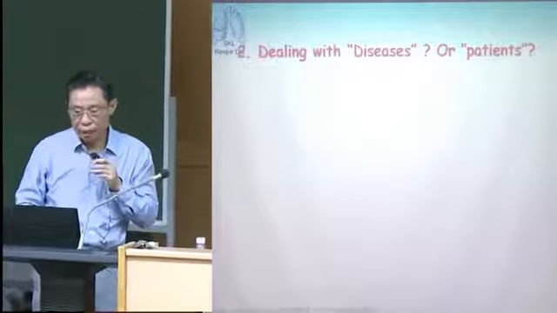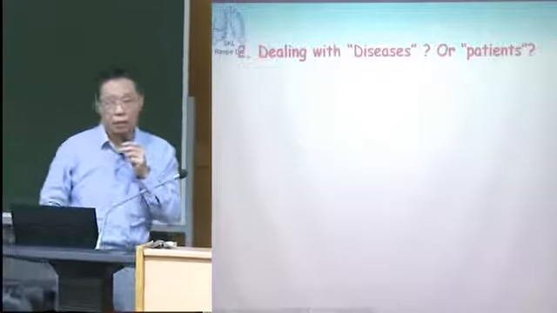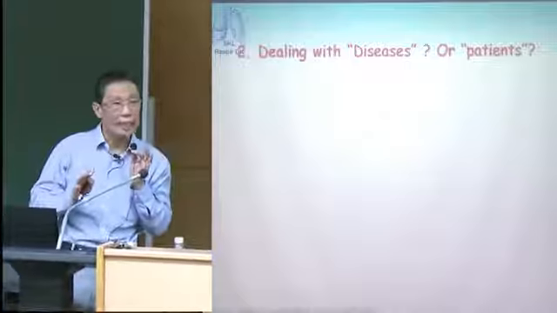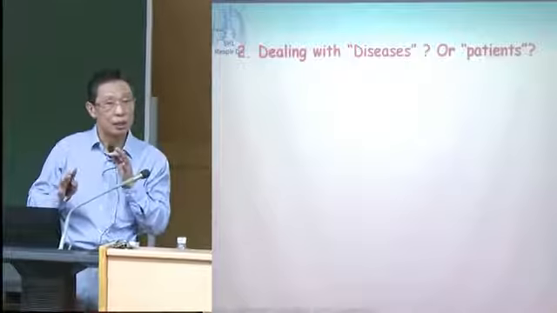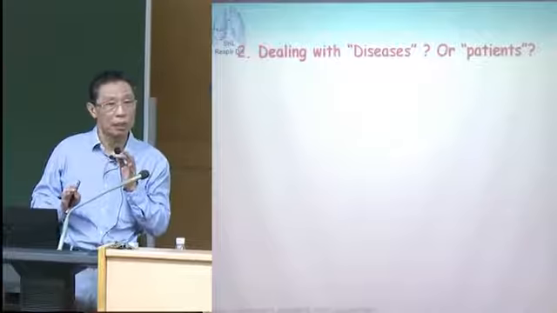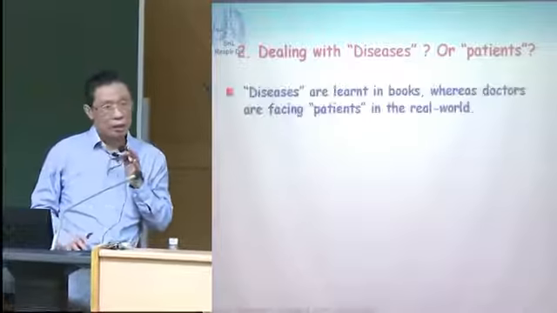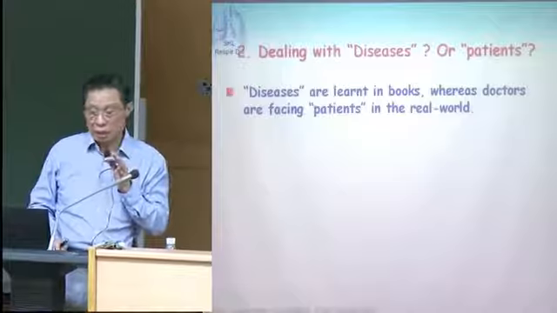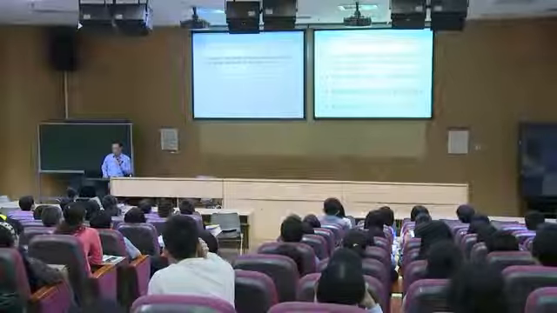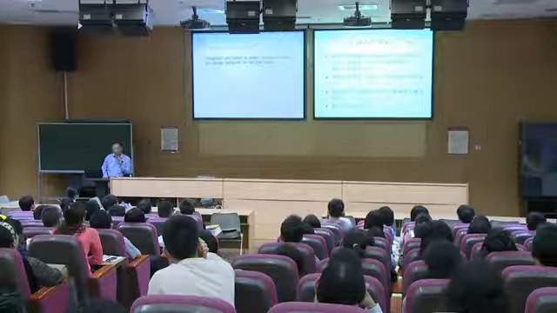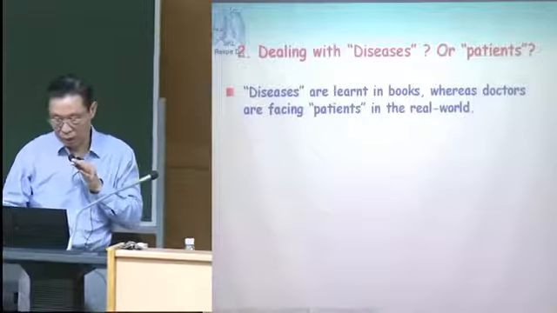So the second part is that we are dealing with disease or dealing with the patient. That's the most important thing. As you know, the diseases are learned from the books. But the doctor is facing a patient in the real world.